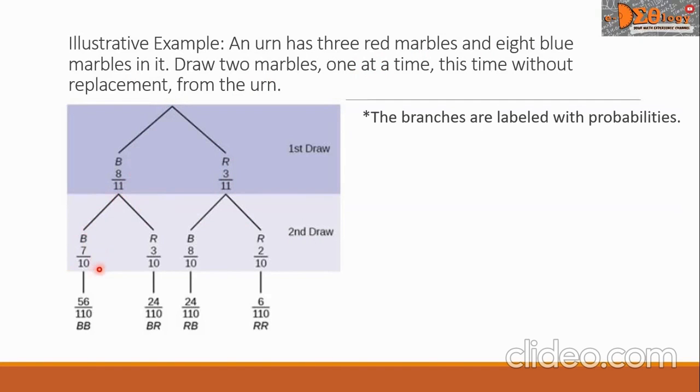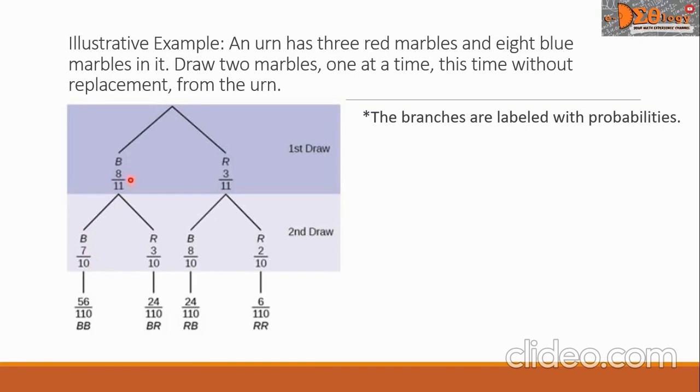Remember, the problem says we are not replacing the first marble once we get the first draw. It means there is an assumption that the first marble is blue, so there will be only 7 left in the blue marbles. So this is 7/10.